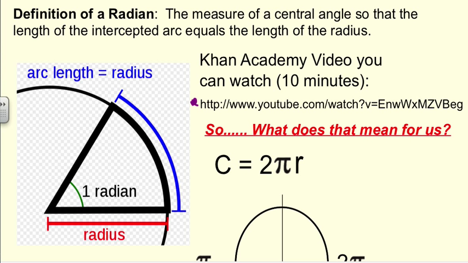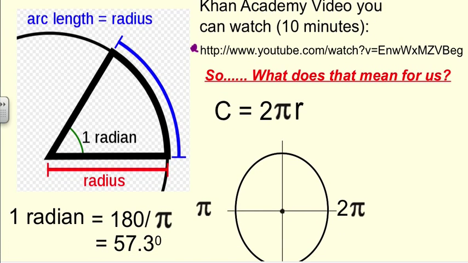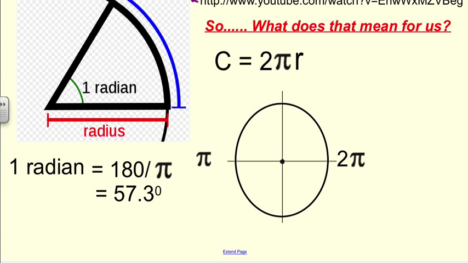So what I have is a picture of a circle down below. If you think about the circle going around half a revolution, that is 180 degrees. All the way around is 360 degrees.